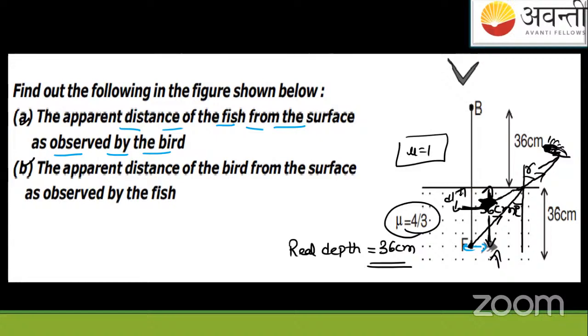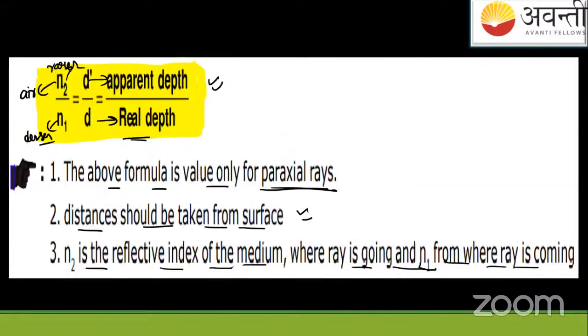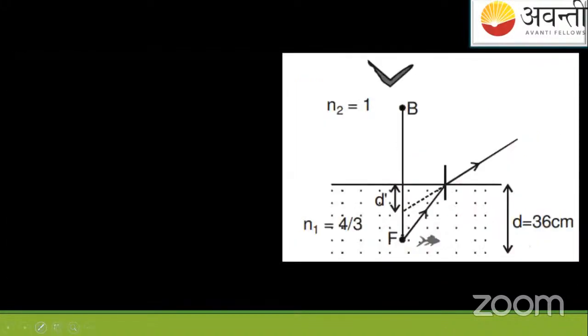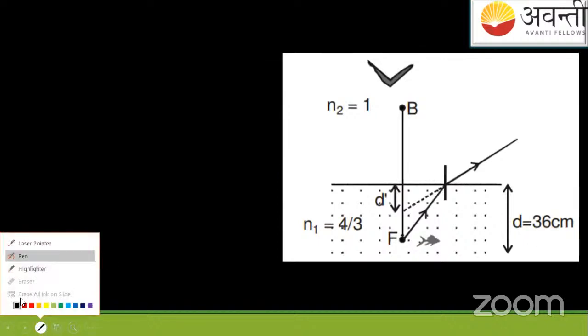So they're asking us to find D dash. What will it be? Simple. Use the formula. What's the formula? Formula is this: rarer upon denser. Apply it, the picture is in front of you.